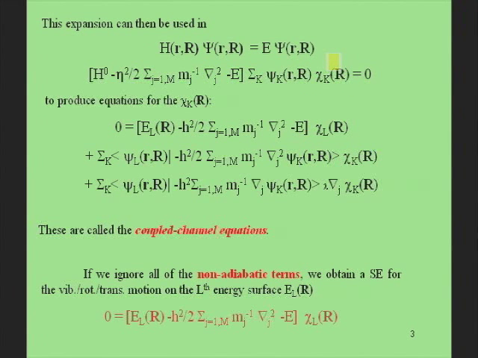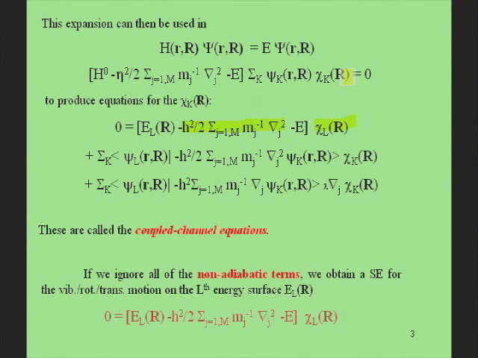The term with the second derivative acting on the chi k gives the middle term in this first line, because psi L star integrated against psi k still gives me a delta KL, and then I get the second derivative acting on the chi L. So in this first line of the equation, I've accounted for all 3 of those terms.